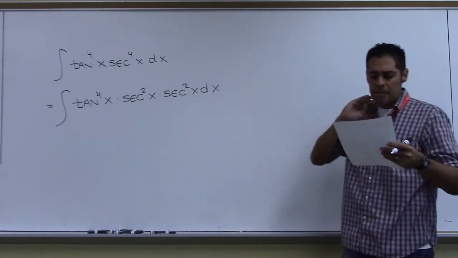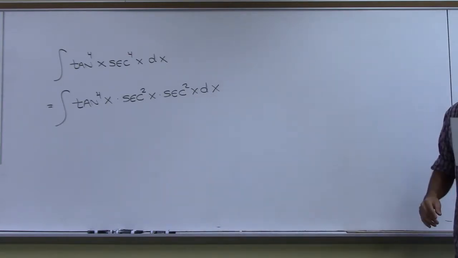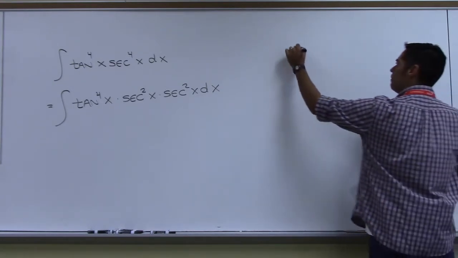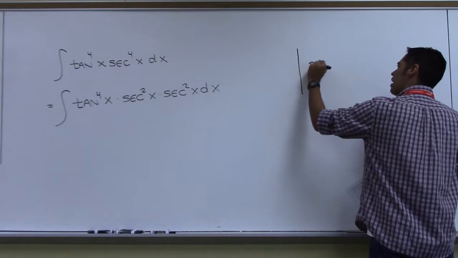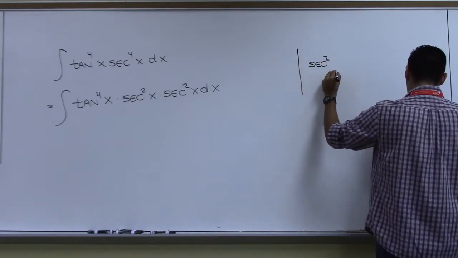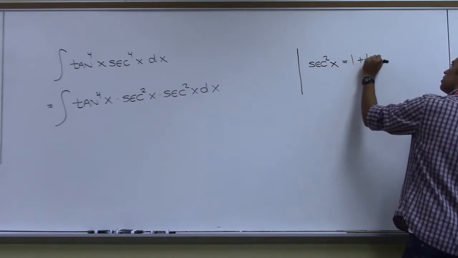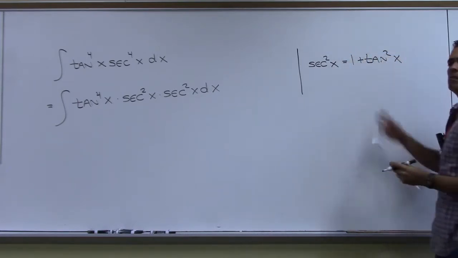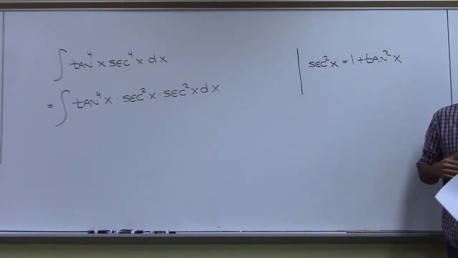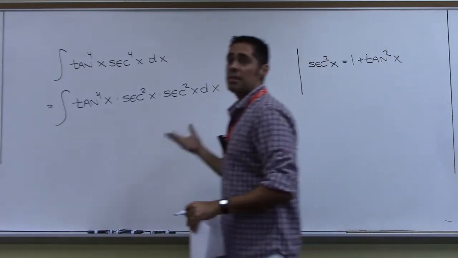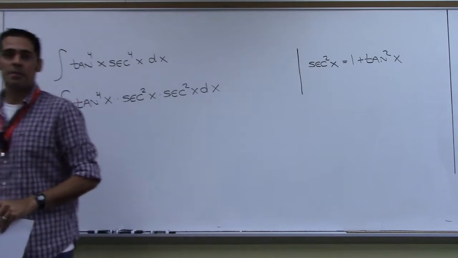And then I'm going to use a Pythagorean identity back from pre-cal that said that secant squared x equals 1 plus tangent squared x. You remember that from pre-cal? It's in your formula sheets also. And that identity allows me to, anytime I see secant squared, switch it to that.